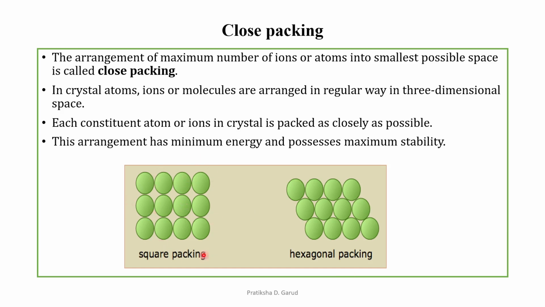The constituent units are packed in a square structure, so it is called square packing, or it may be called hexagonal close packing. They are arranged in the form of a hexagon. Hexagon means one constituent unit is surrounded by six other constituent units, whereas in square packing, one constituent unit is surrounded by the remaining four.